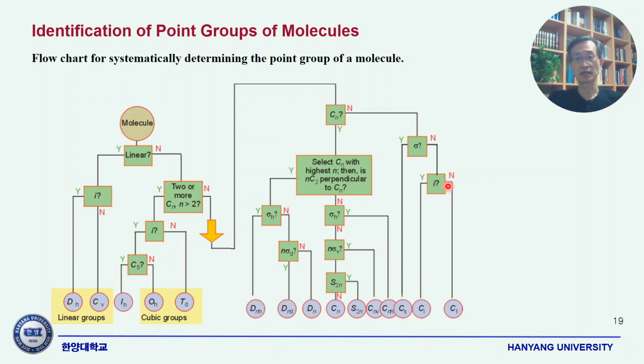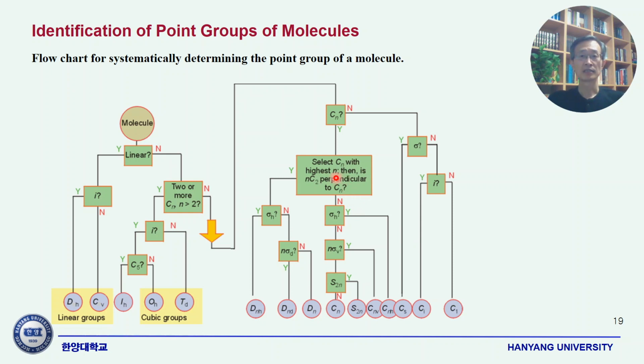These Cs, Ci, and C1 are special cases with very little symmetry.